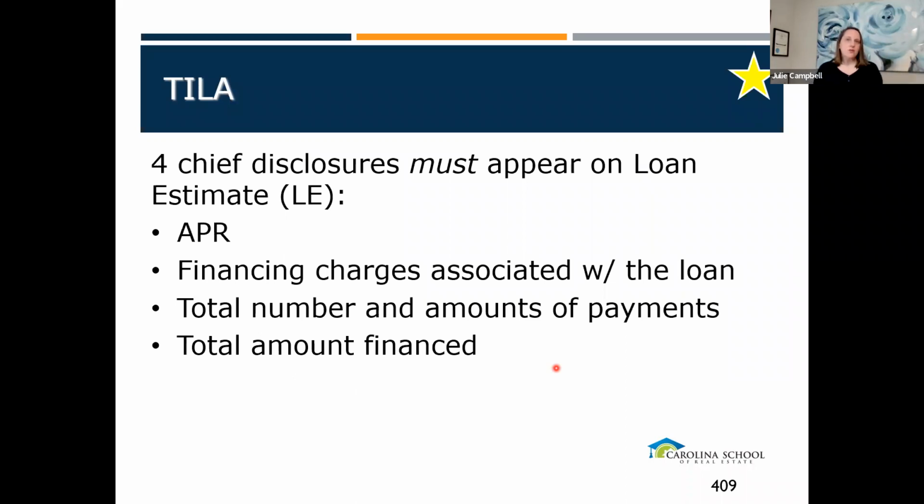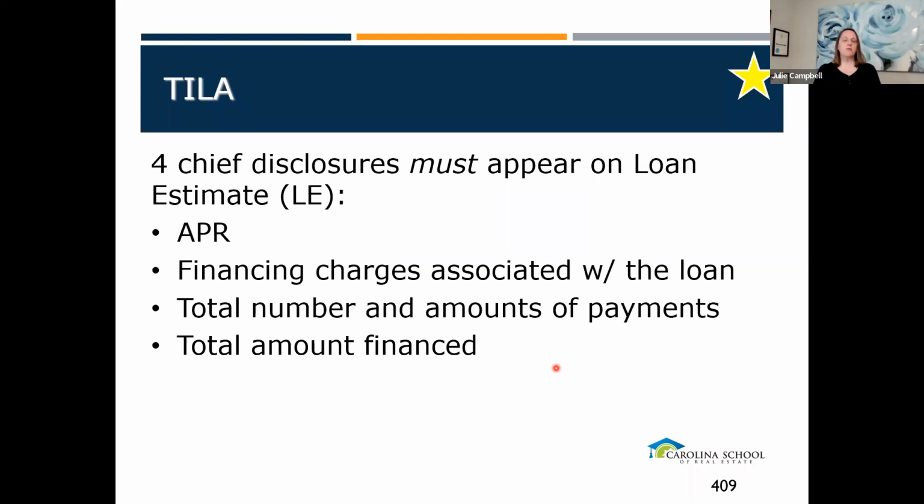Mortgage loans are not one-size-fits-all. Mortgage loans are different from consumer to consumer based on your credit history, your credit score. If we really wanted to have fun, we could all call the same lender tomorrow and try to get a loan for the exact same property.